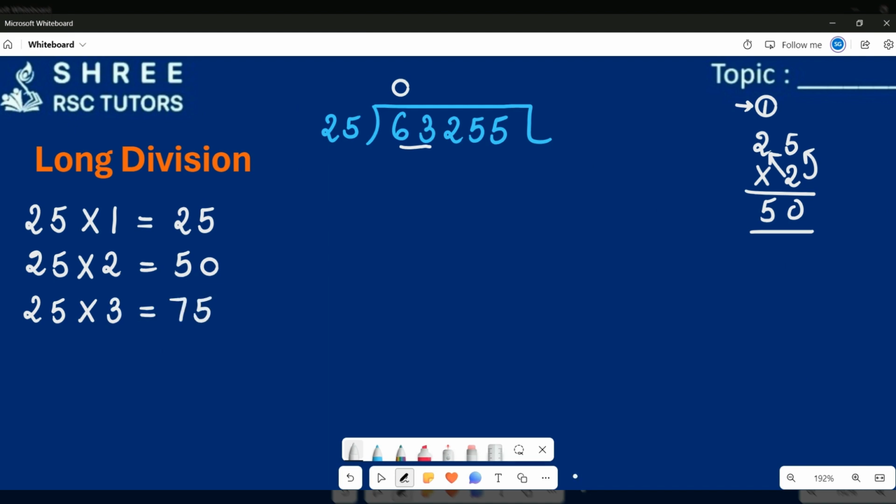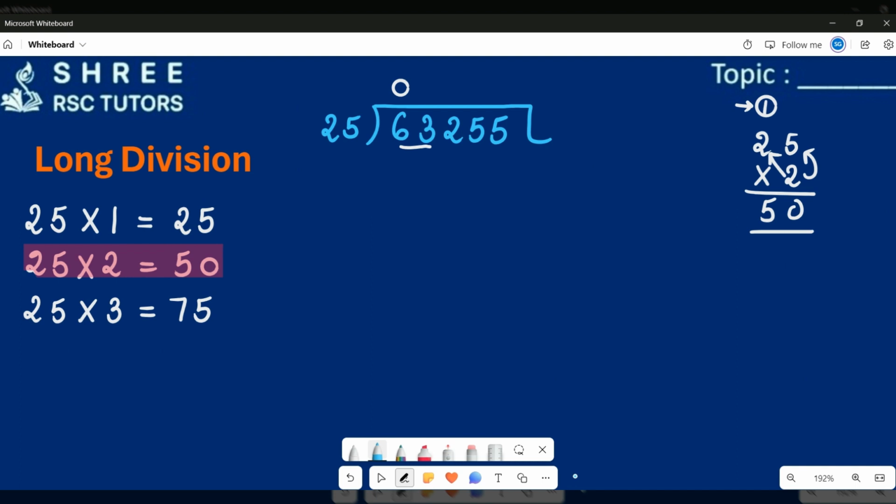Okay, I cannot work with this one because it is greater than 63. So I need a number that is equal to 63 or less than 63, and for that I will definitely be using this one. That means two 25s can go into that 63.